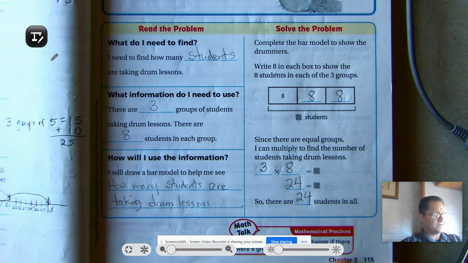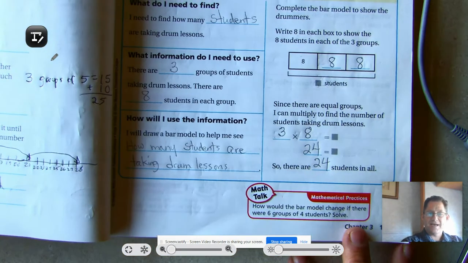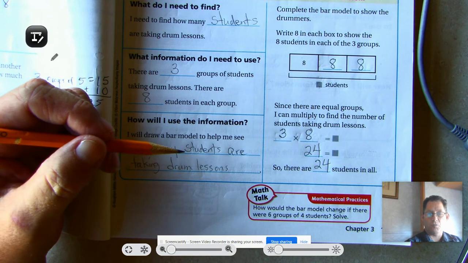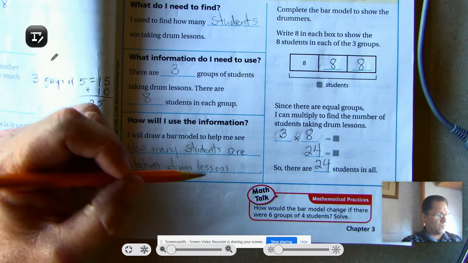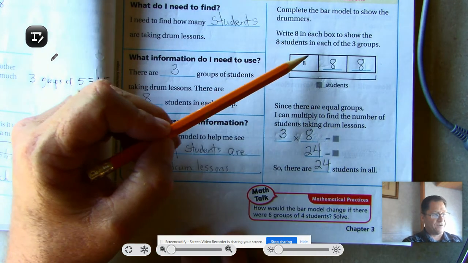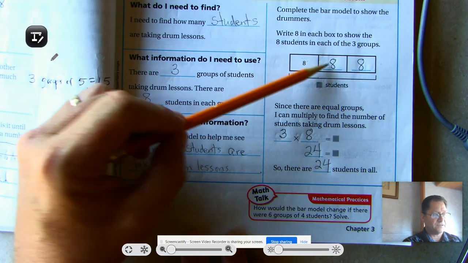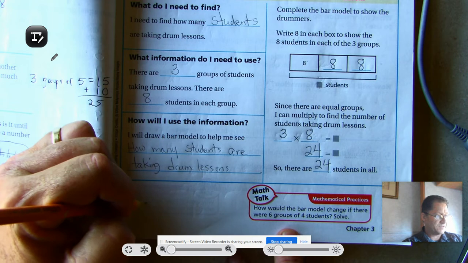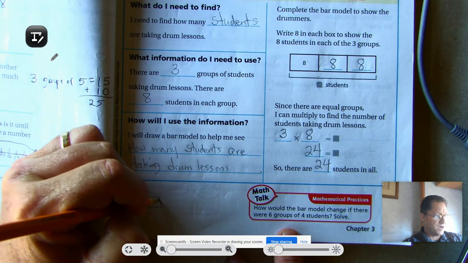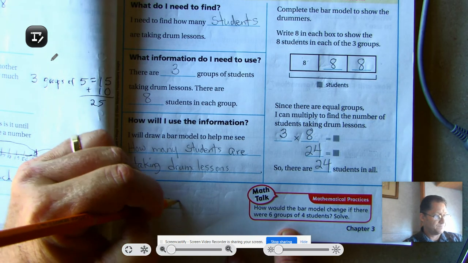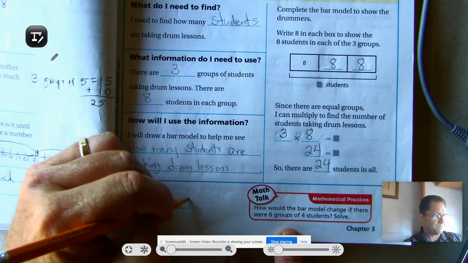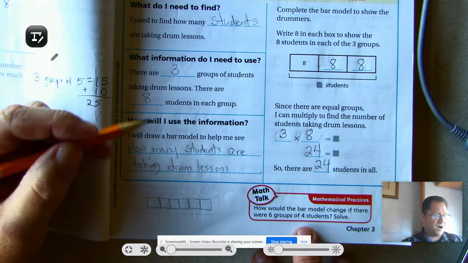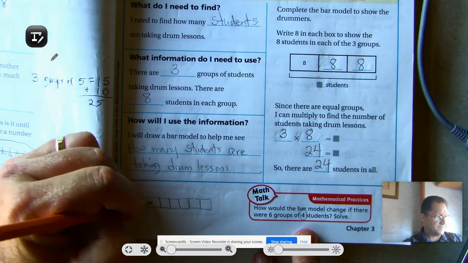The Math Talk question says, how would the bar model change if there were 6 groups of 4 students? So in our previous problem, we see that there are 3 boxes in our bar model. So if there were 6 groups, I would have 6 boxes. And in each box, there are 4 students.